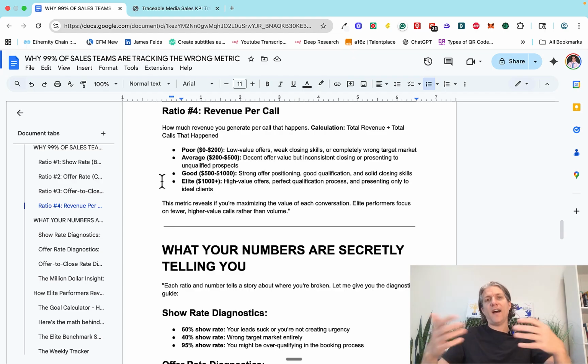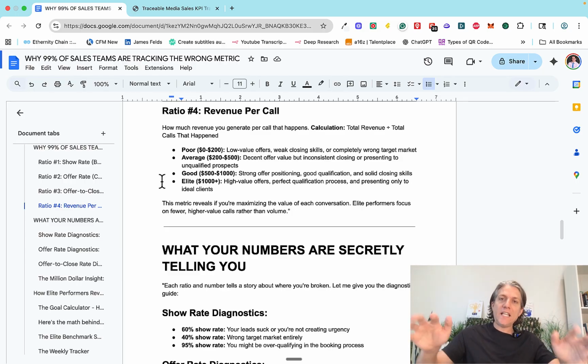And elite, of course, if you have a high ticket item: high value offers, perfect qualification process, and presenting only or mostly to ideal clients. This metric reveals if you're maximizing the value of each conversation. Elite performers focus on fewer, higher value calls rather than volume.